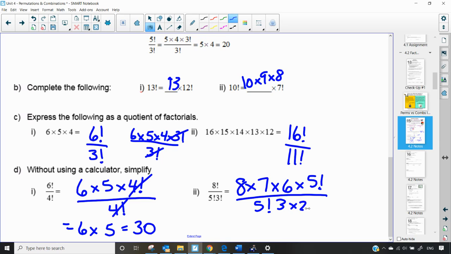And what will likely happen is I'll be able to cancel even more. So 3 factorial is 3 times 2 times 1. If I start going through and canceling, I can cancel my 5 factorials. So 5 factorials are gone. And 6 is equivalent to 3 over 2. So I'm left with 8 times 7, which is 56.